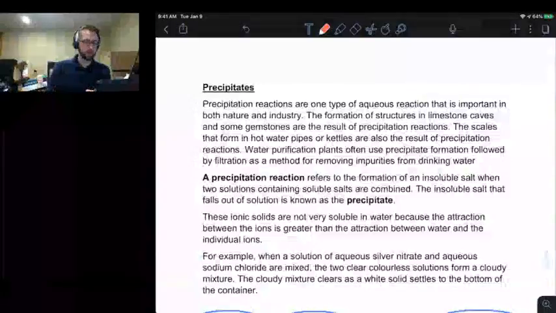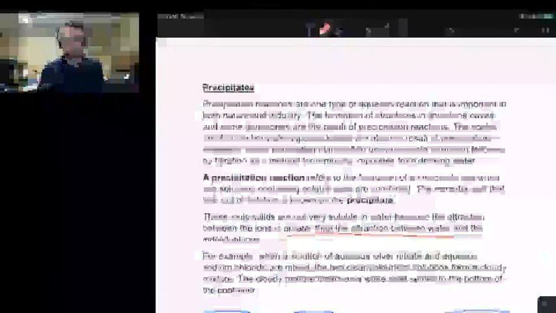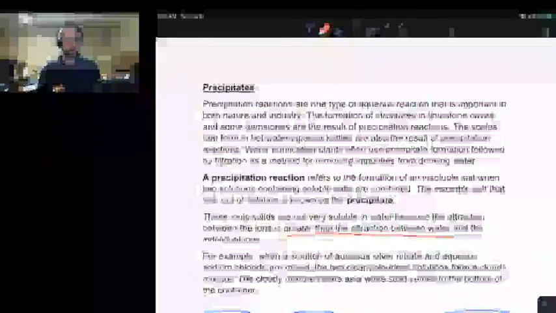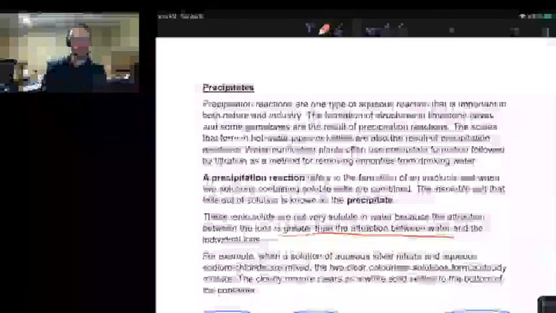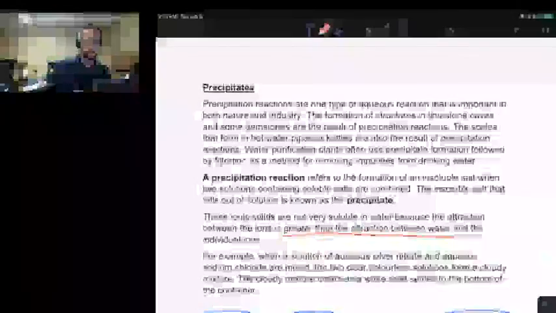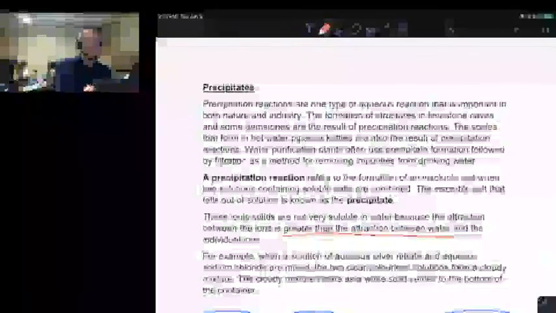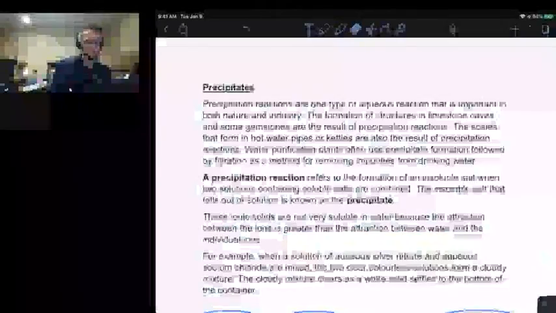So these ionic solids are not very soluble in water because the attraction between the ions is greater than the attraction between the water and individual ions. So the amount of change in terms of the formation of disorder and the formation of those ion-dipole interactions is less.